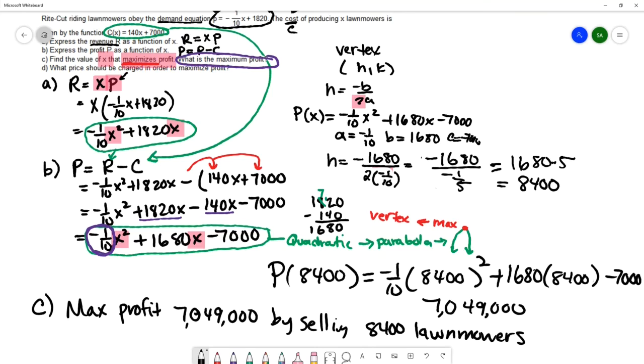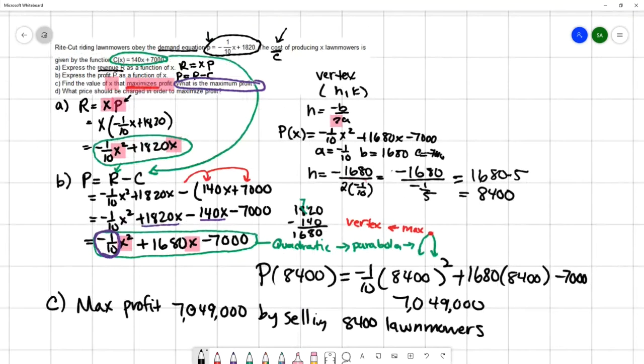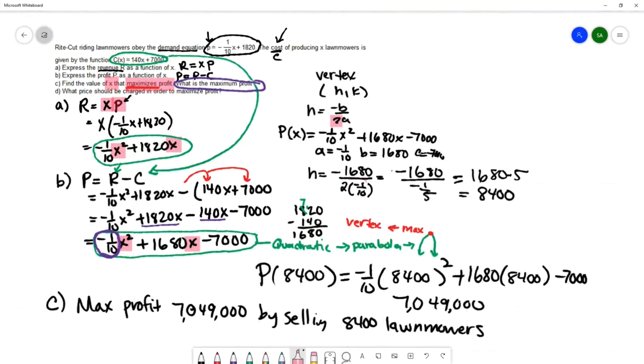So we have one more part to go, and we want to find the price that should be charged in order to maximize profit. We've done a lot of work, so you may have forgotten, but we were given an equation called the demand equation, which gives us the price based on the number of units sold.